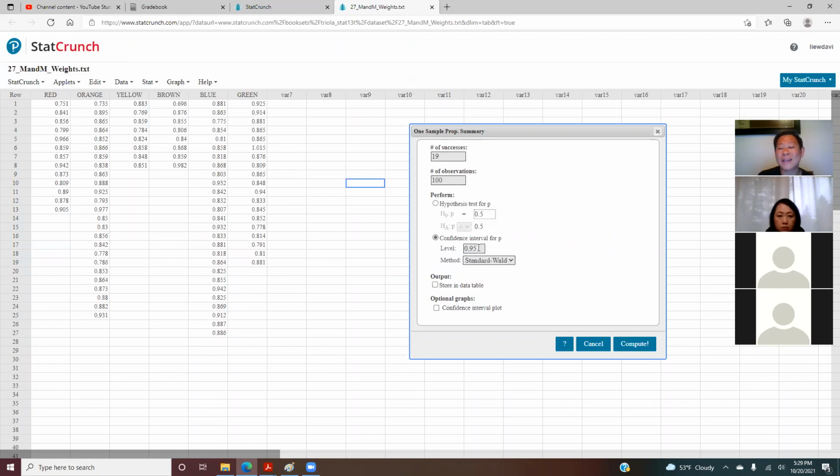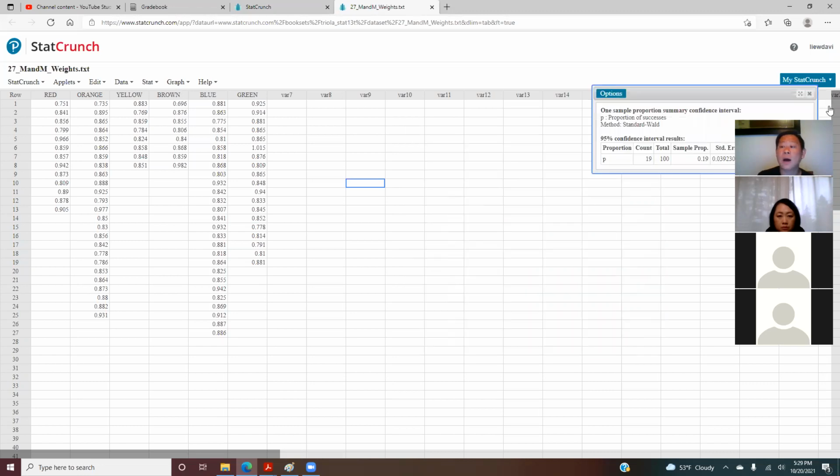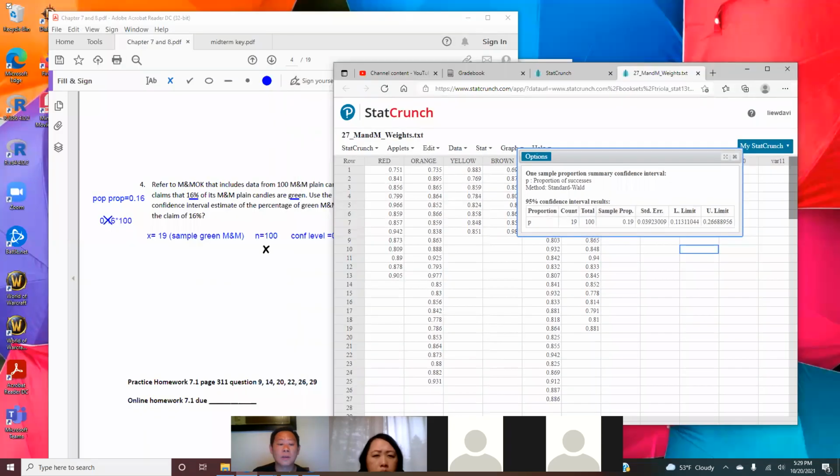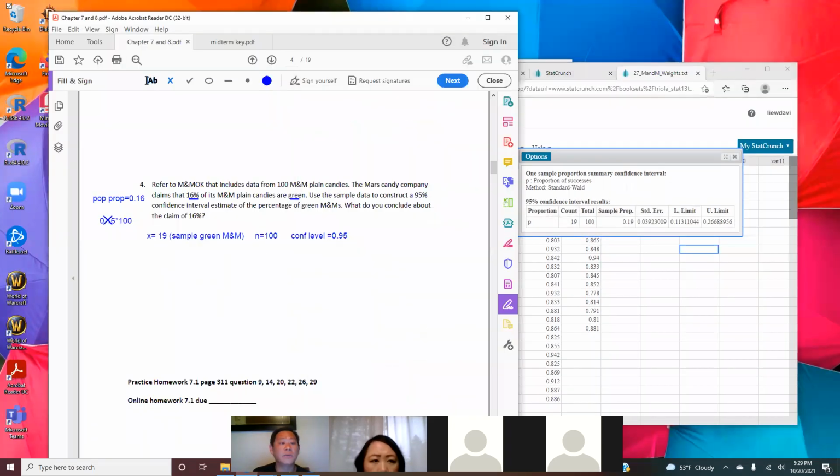And we are using a 95% confidence interval. You compute this, and your answer will be these numbers. The 95% confidence interval is going to be between 0.113 and 0.267.